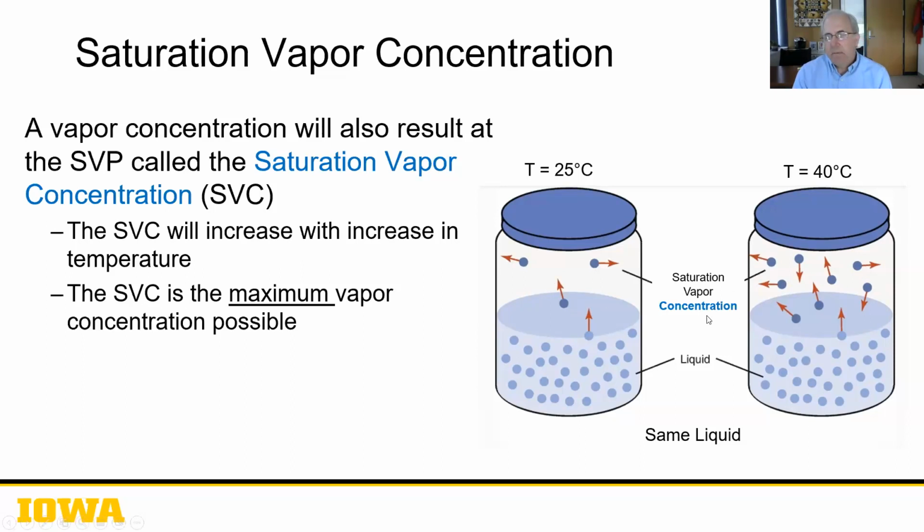Now I'm using the same diagram, except I'm showing it at two different temperatures. So in this case, we have the same liquid, but obviously a lower temperature is going to have a lower concentration, and a higher temperature is going to have a higher concentration. So we have to consider this when we're measuring the differences between a cold morning spray and a hot afternoon spray.